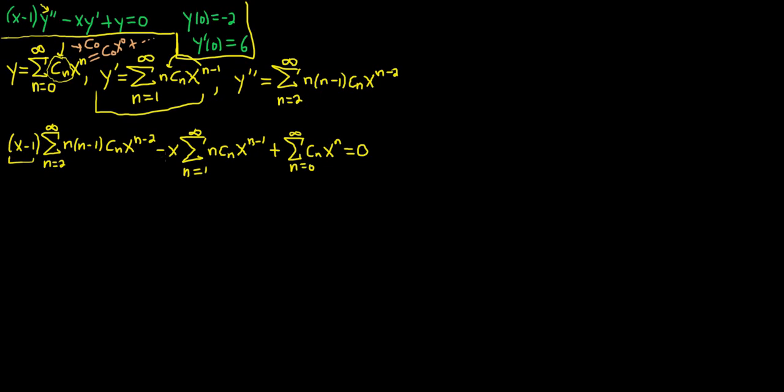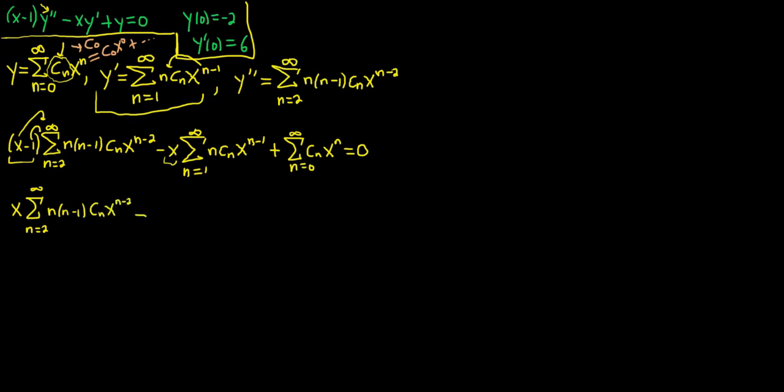All right, so in this problem, we have some things outside of the sums. We have an x minus 1 here and an x here. So let's go ahead and break this up. Let's distribute the x and then distribute the 1. So distributing the x, we'll get x, infinite sum, as n runs from 2 to infinity of n minus 1, c sub n, x to the n minus 2.